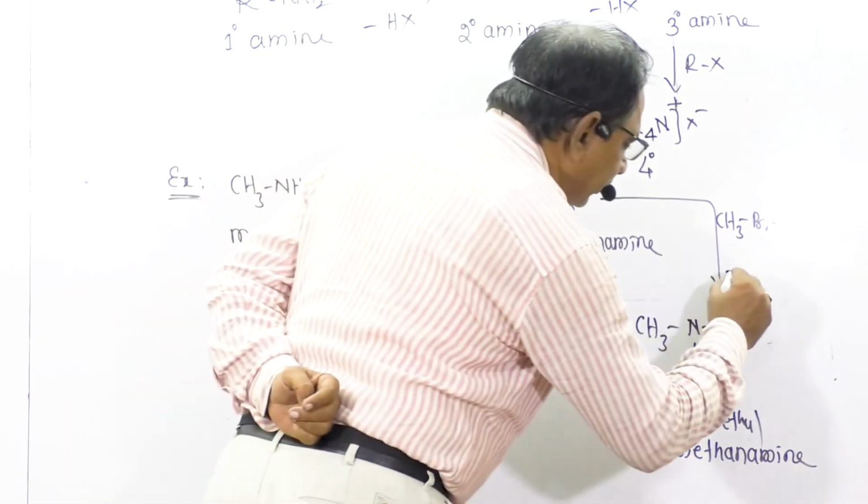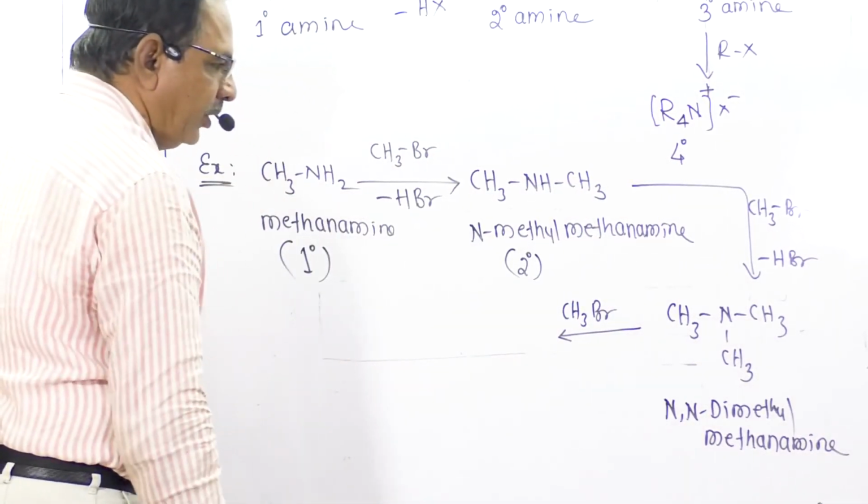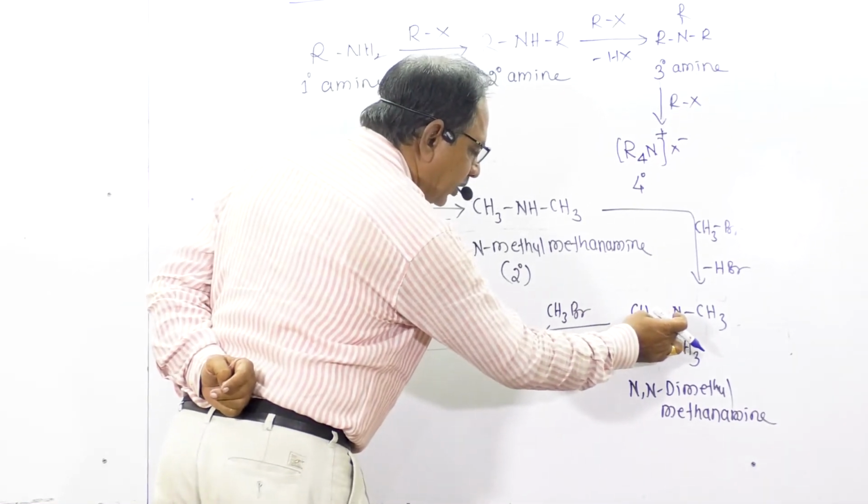Here HBr cannot be eliminated, because there is no hydrogen atom on the nitrogen atom.